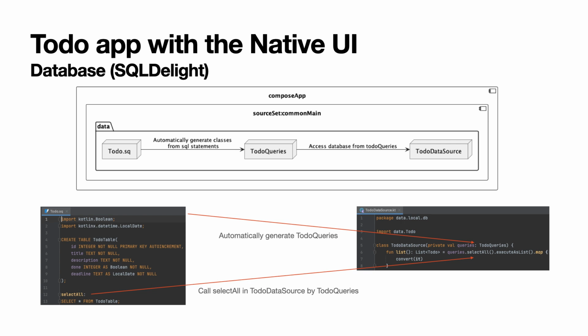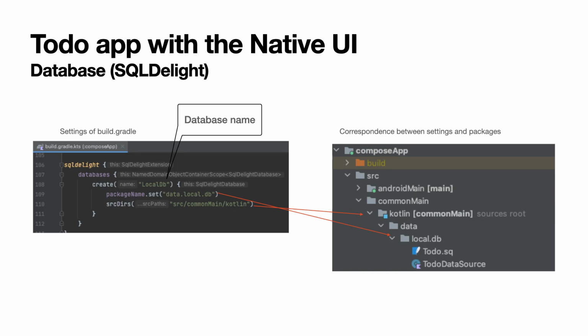We execute the SQL statements written in Todo.sq through TodoQueries. In the sample app, the Todo data source class calls the selectAll function of TodoQueries.